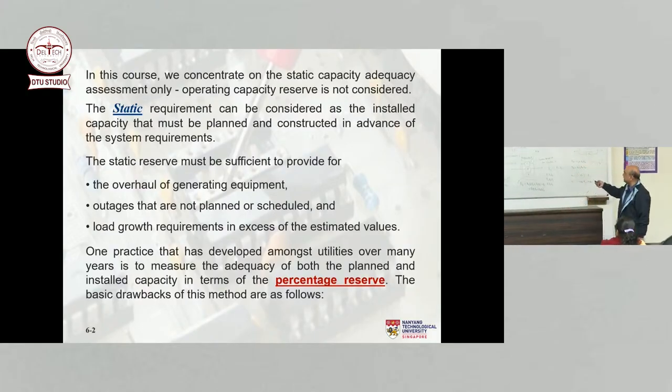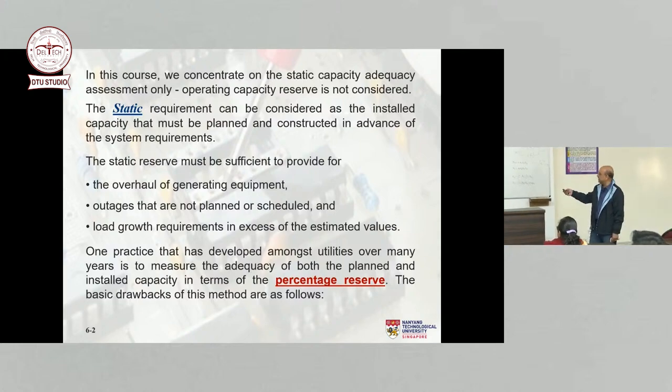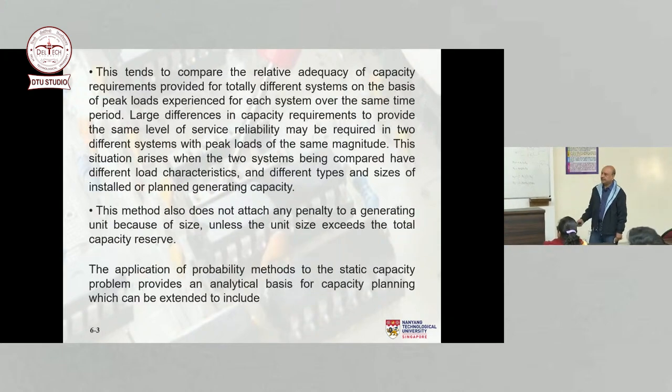So one practice that has developed amongst utilities over the years is to measure the adequacy of both the planned and installed capacity in terms of a percentage reserve. I mentioned this earlier. Yeah, this is a rule of thumb method, percentage reserve. And the drawbacks of this method are as follows. This tends to compare the relative adequacy of capacity provided for totally different systems. Yeah, percentage reserve 10%.